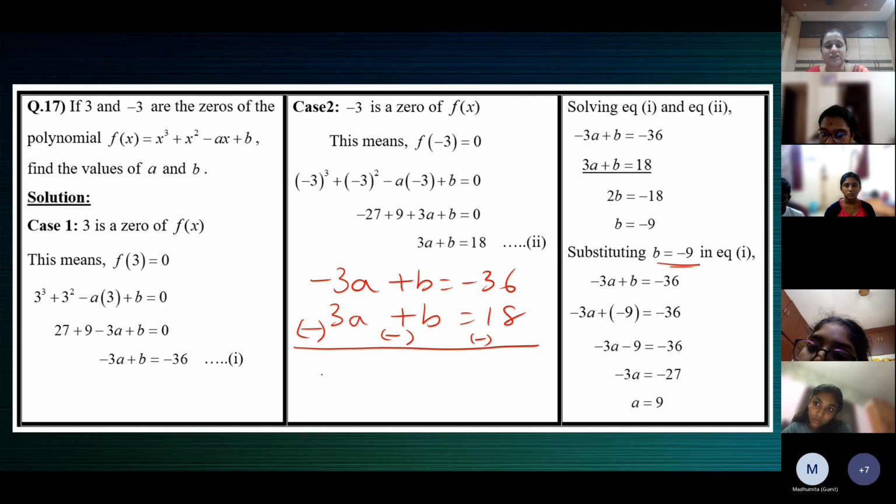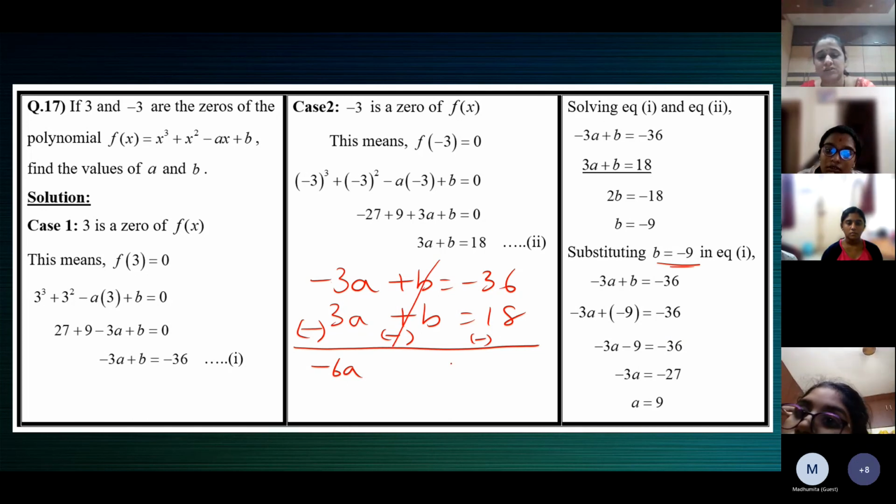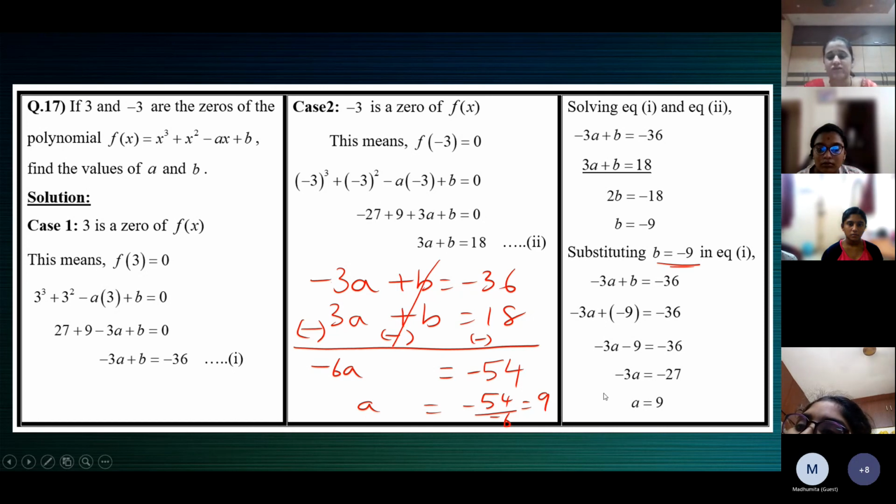Minus 3a minus 3a is minus 6a, plus b minus b is 0, equal to minus 36 minus 18, which is minus 54. So a is equal to minus 54 by minus 6, which is equal to 9. 6 nines are 54, minus and minus cancels. So you will get a first. See here, the value of a, a is 9.